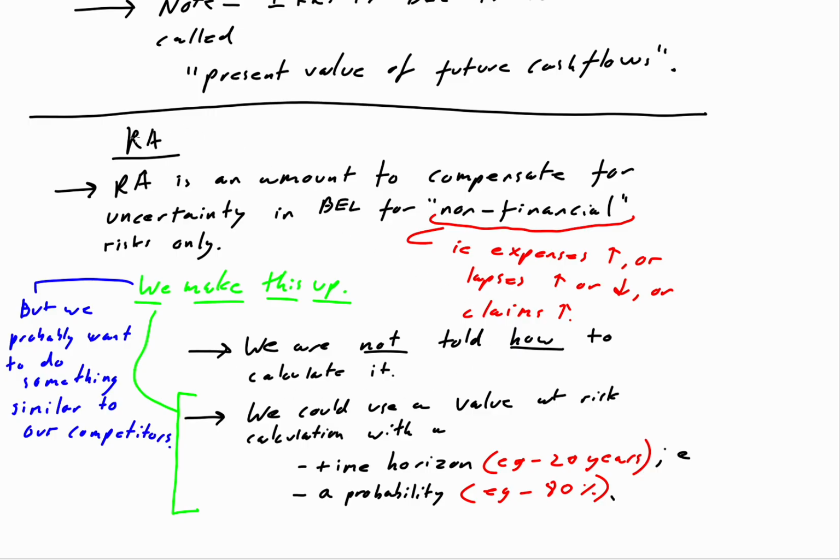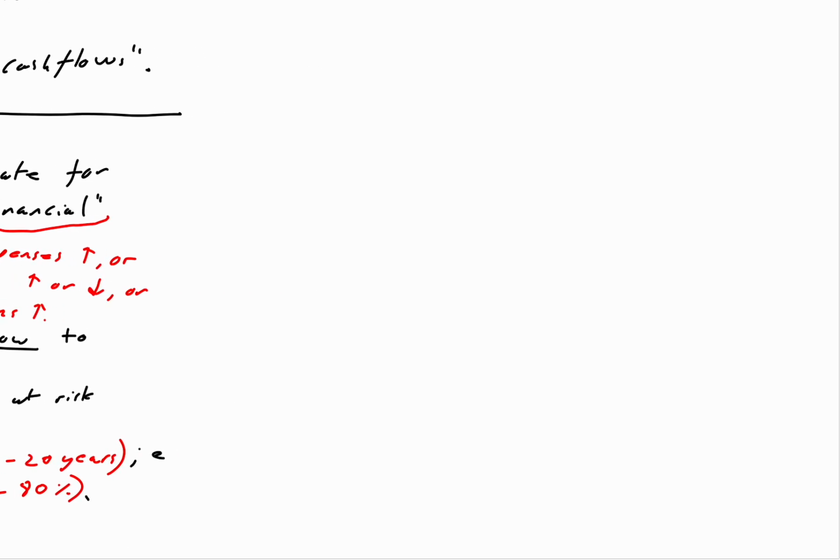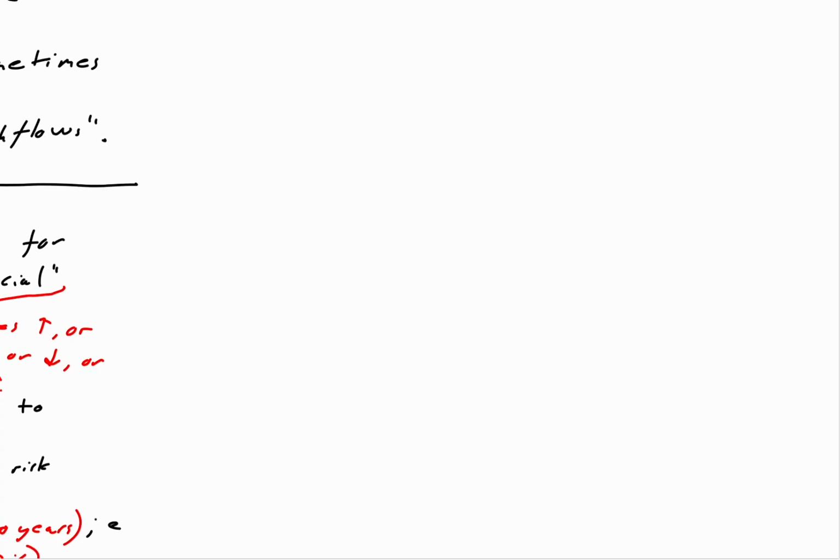Okay, so what does all of this mean? Say we assume that we're going to do this kind of value at risk calculation in order to come up with the RA.